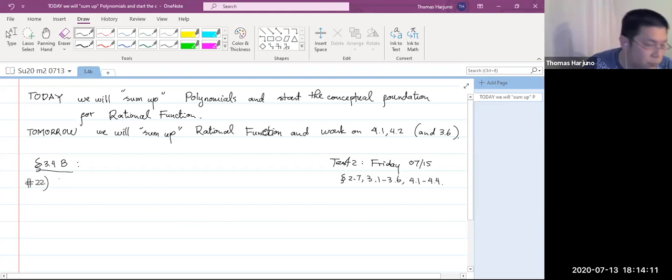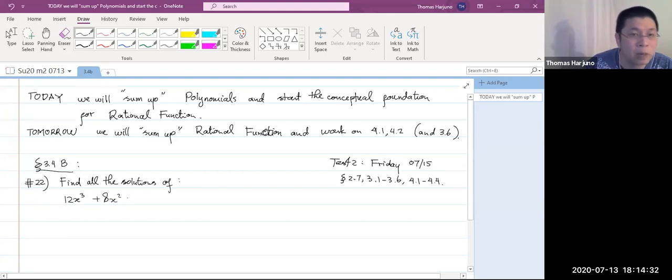The question is: find all the solutions of this equation: 12x cubed plus 8x squared minus 3x minus 2 equals 0.